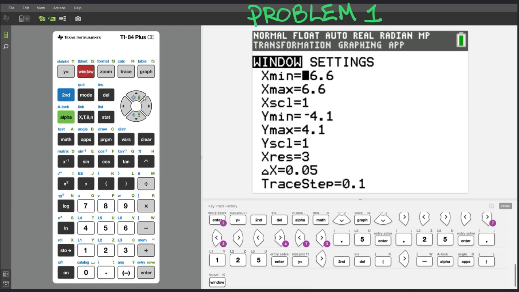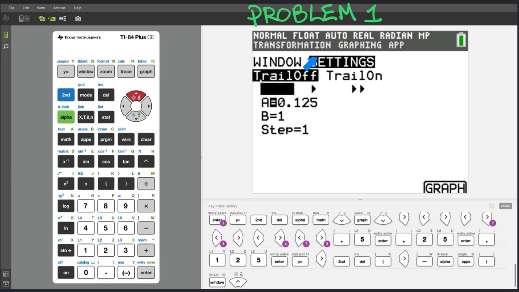Notice it says press the up arrow to display the settings screen. So I'm at this X-min, so I'm going up, and it actually just kind of bounced to the settings screen. This is defining the start values and the step size. So use a equals 1, it says. So typing 1. And b equals 0.